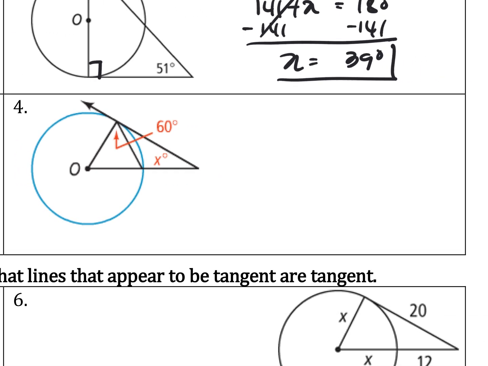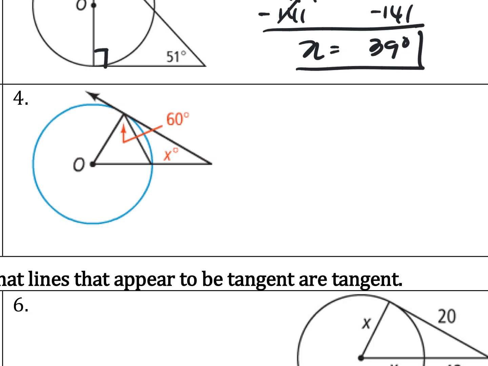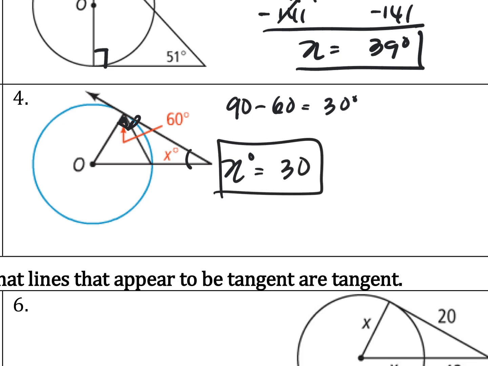Number 4. I would like you to take note of something in here. This angle is actually 90 degrees, right? But this says that this is 60. It means that 90 minus 60 is going to give you 30 degrees. Now, this angle here and this angle on this side are actually congruent. Therefore, the value of x in here is only 30 degrees.